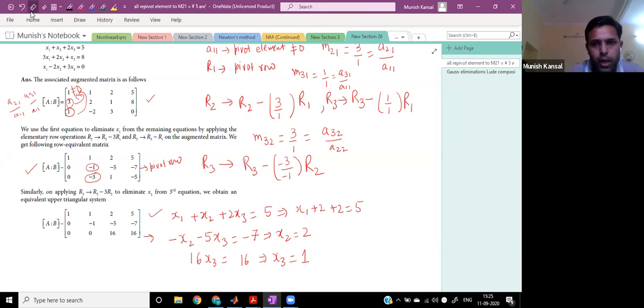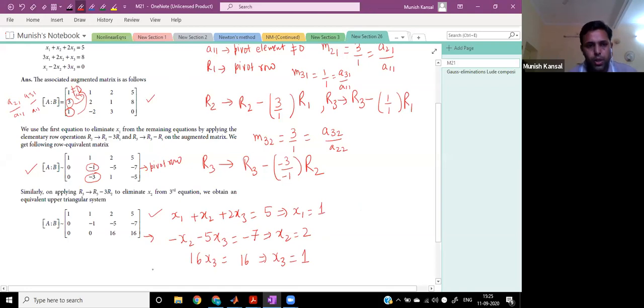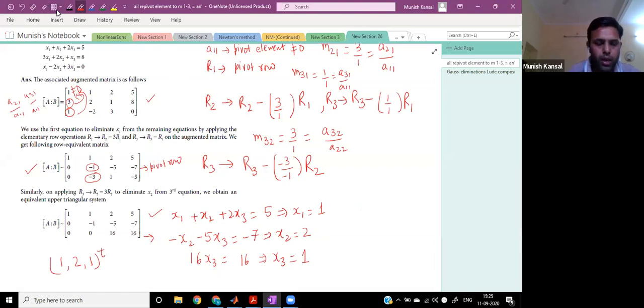So I will simply write down x1 is equal to 1, right? So this is my solution: 1, 2, 1. This is the solution of the linear system. You can plug this solution into the given system, and it satisfies all three equations, right? So this is how the Gauss elimination method works.